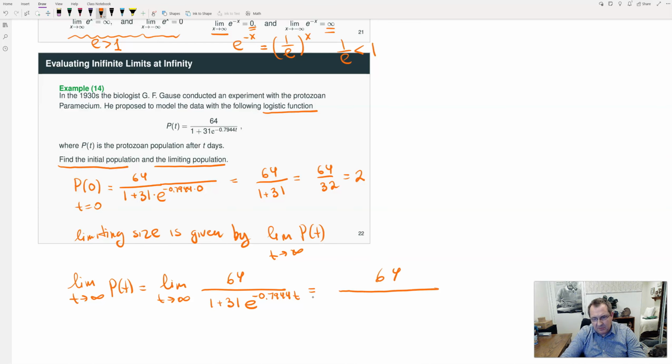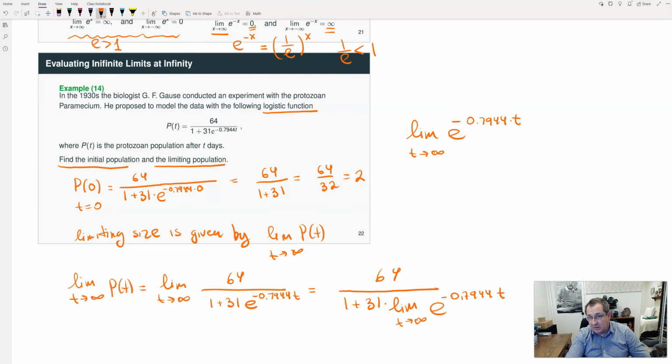The 64 will be here, 1 plus 31 will be here, but the limit can be pushed all the way onto that exponential. How do we evaluate the limit of the exponential raised to negative 0.7944 times t as t goes to infinity?